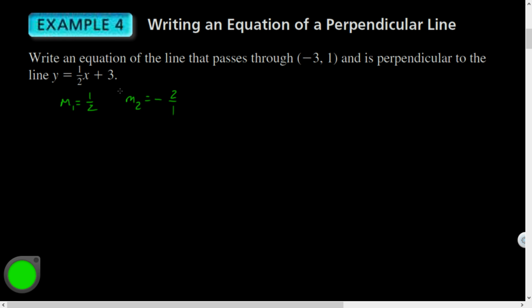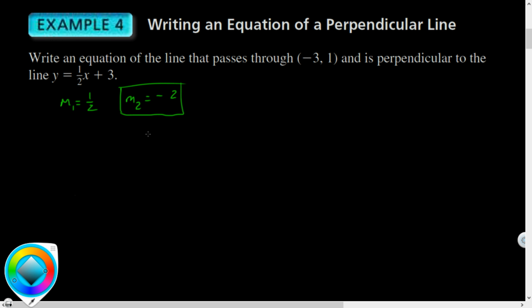You could also just write that as -2. All I'm doing that's different today is getting a different type of slope from the equation that was given to me. The rest of my work is going to be the same, so it's excellent rehearsal of our skill set.